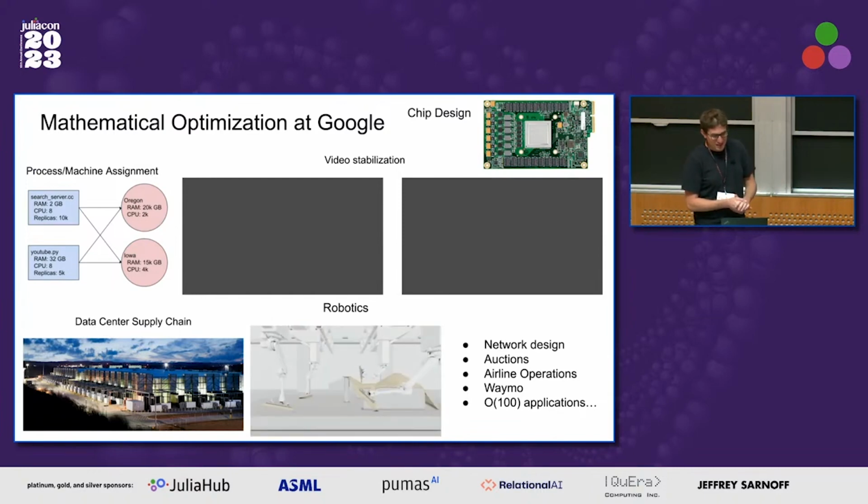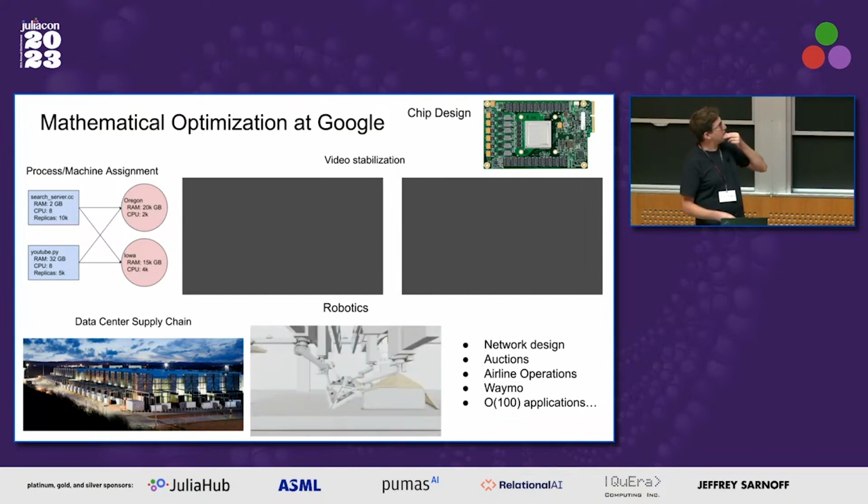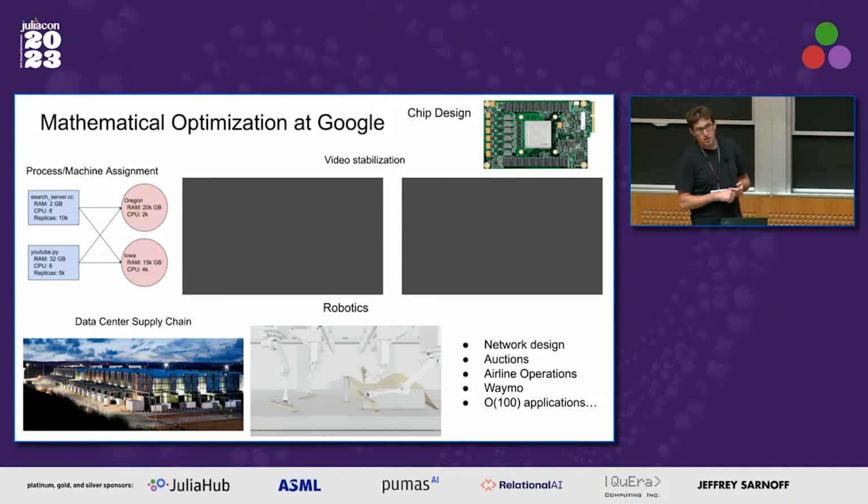These are YouTube videos that may not load because the internet connection's not working. Okay, so there are many applications of optimization at Google. You can see in the bottom right corner, if you just look through the code, you'll find over 100 people who are solving MIPs at Google. Google has one mono repo, so you can look through the code.